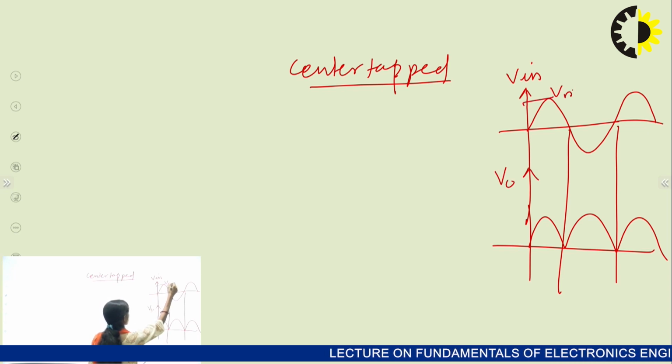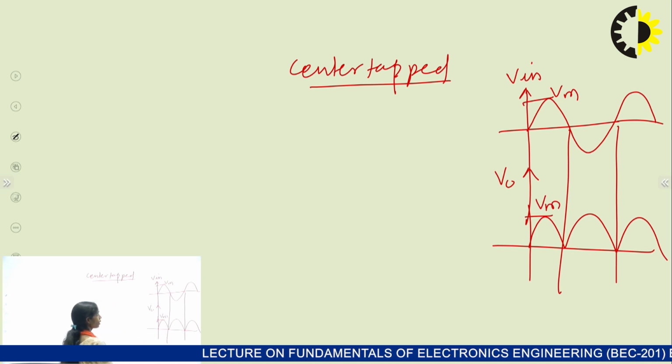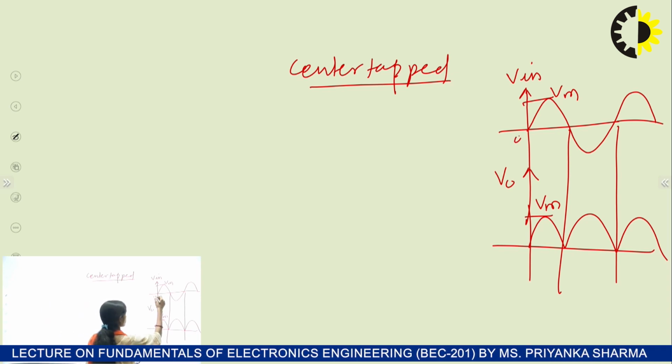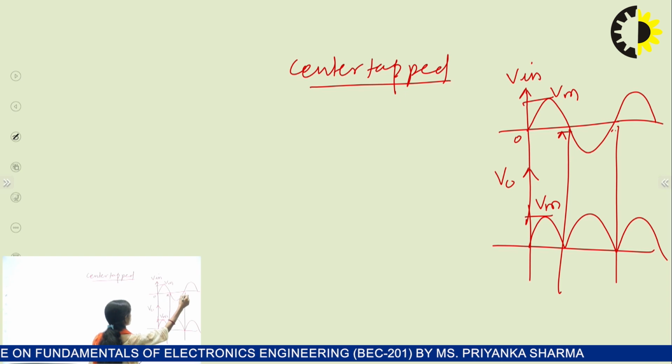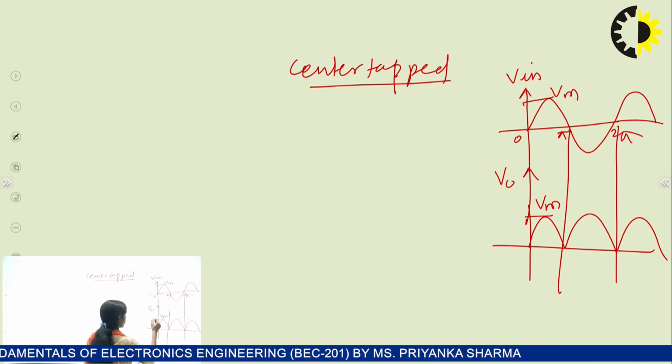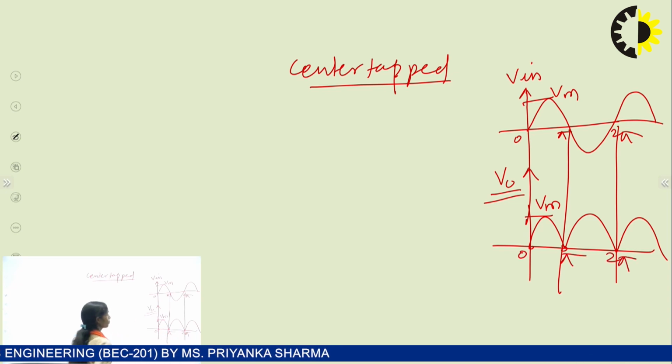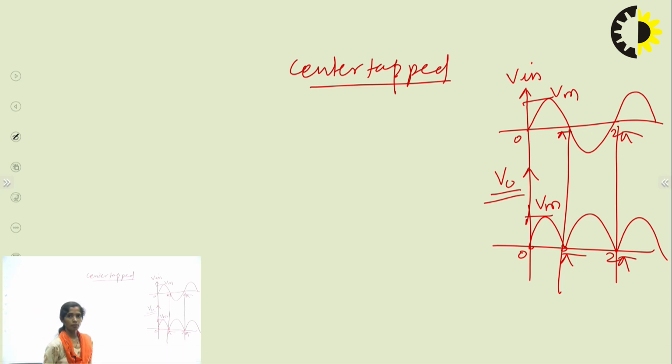If the peak voltage is Vm, we obtain the peak voltage Vm for all the cycles, for the positive cycle and negative cycle both. The input has a time period of 0 to 2 pi, while for the output signal the time period is pi only. By considering these changes, we can also perform the derivation of different parameters here.